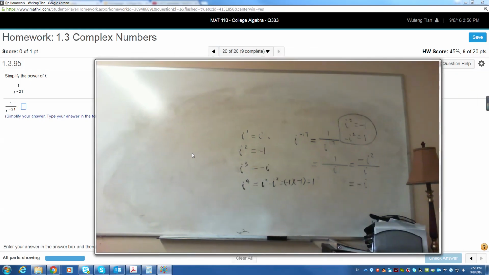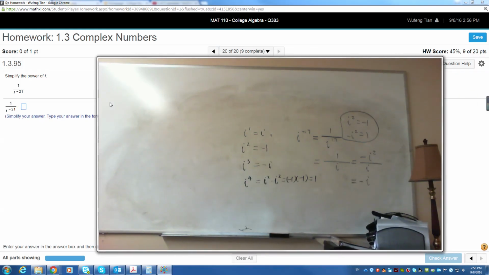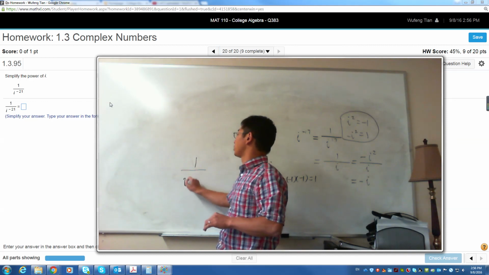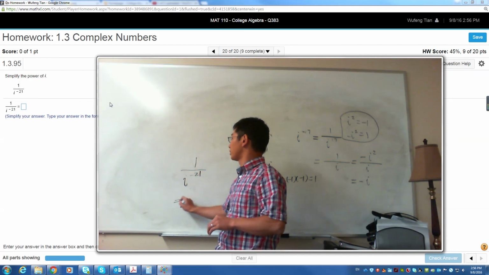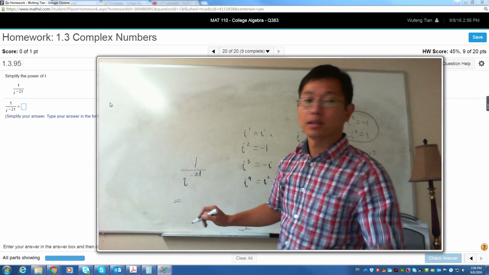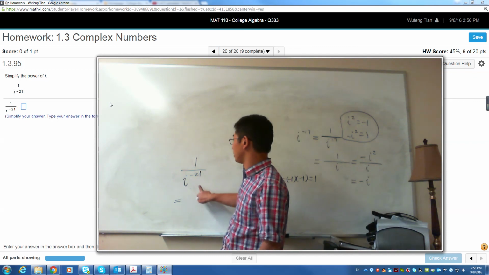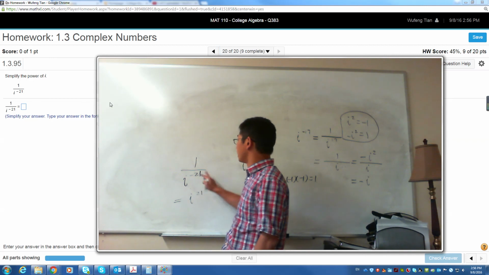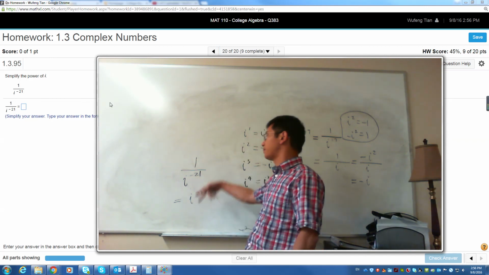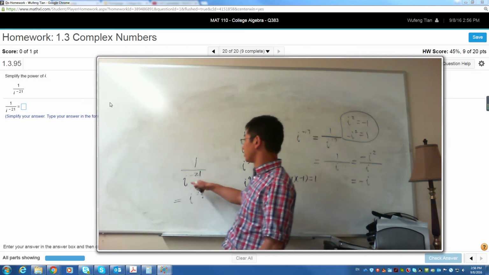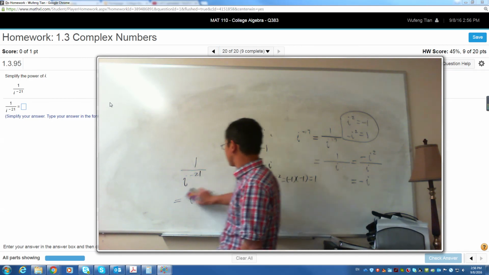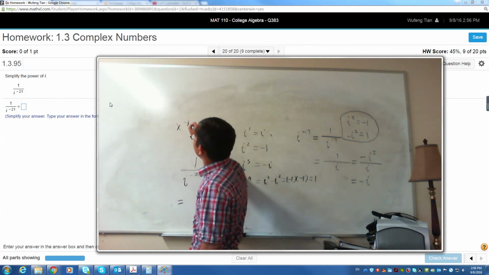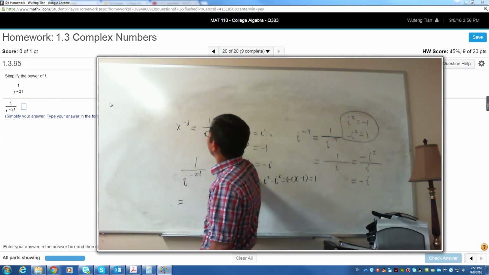Okay, last question. I'll leave this one to you: 1 over i to the negative 21. You know it's going to be i to the positive 21, because 1 divided by that is a negative power again. You know that x to the power negative 3 equals 1 over x to the positive 3.